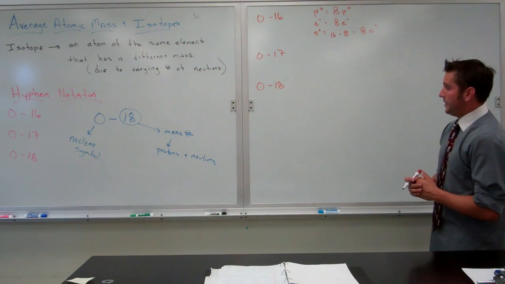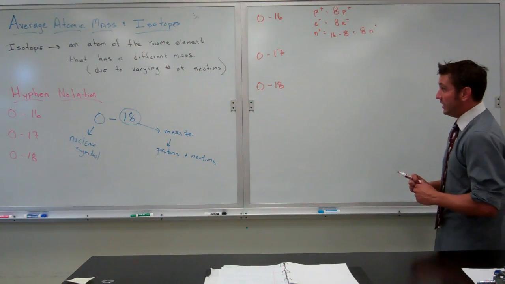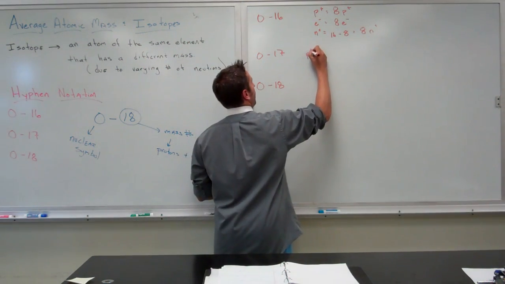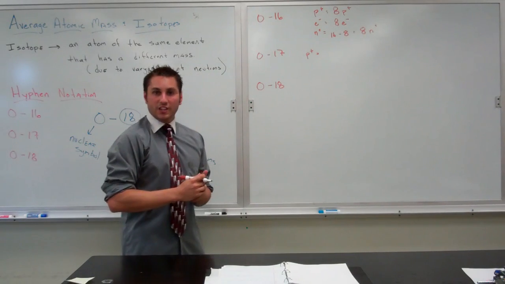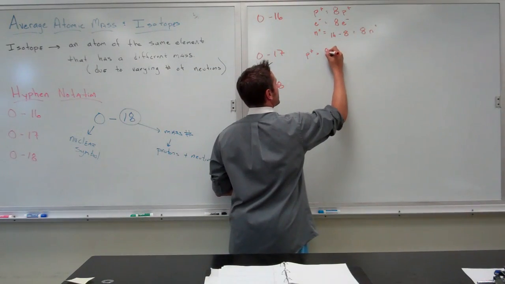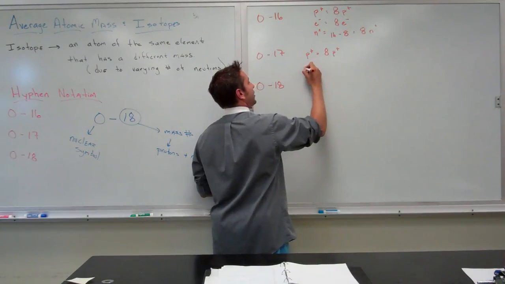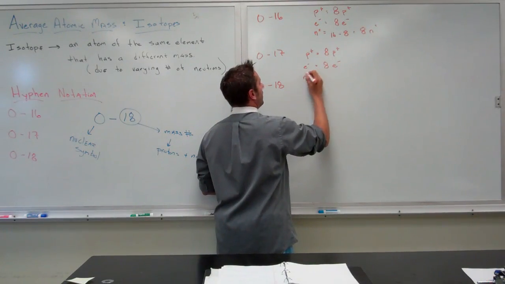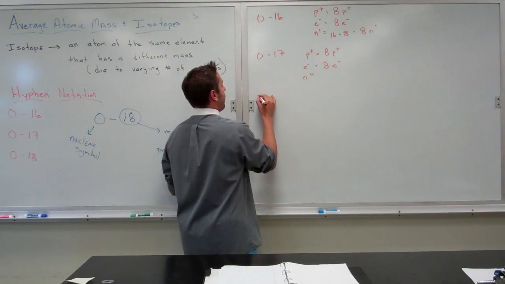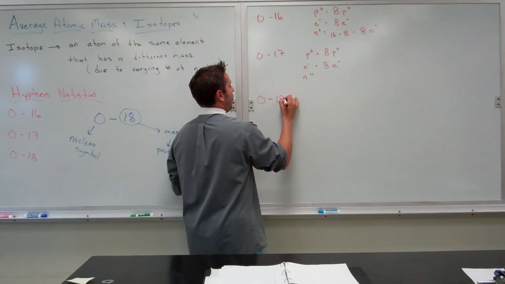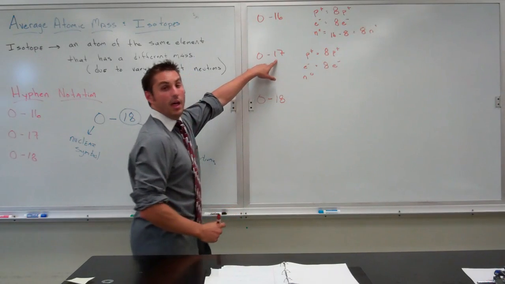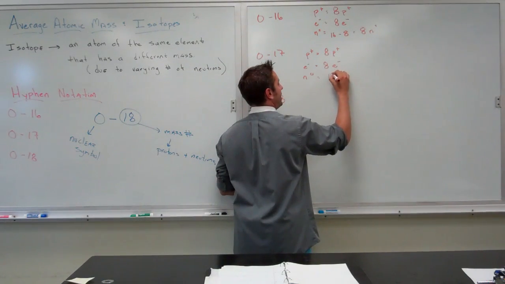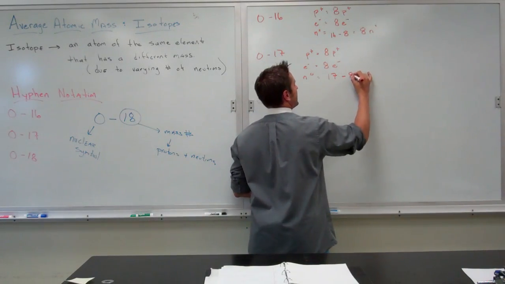The second isotope, O-17, we would do the same thing. The protons would be equal to the atomic number, which is going to be 8. The electrons will also match the atomic number, which is 8. But the neutrons will now be a little bit different than they were before, because now I have a mass number of 17. And with a mass number of 17, it's 17 minus 8.